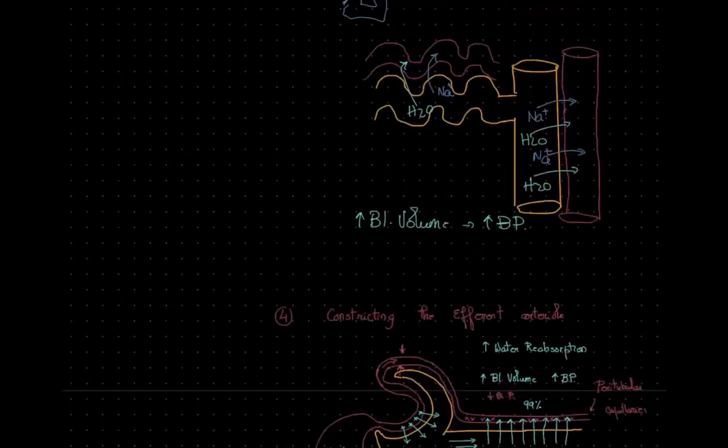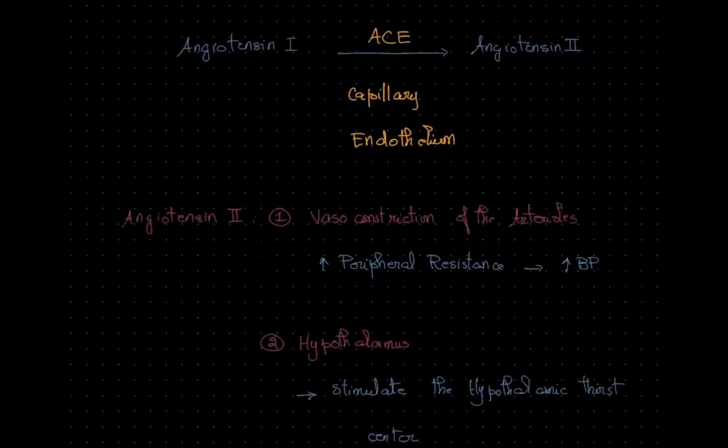So I would highly recommend you to start with vasoconstriction, although this will not affect the grade in any way if you put them in any order. But I highly recommend you to start with vasoconstriction of the artery wall as a very first response. Actually, this is where the hormone got its name. It's called angiotensin. It constricts, it puts tension on the angio, the blood vessel.